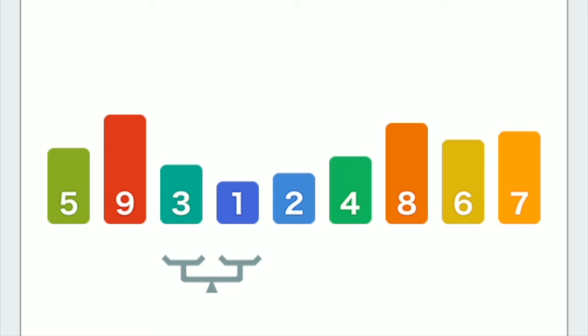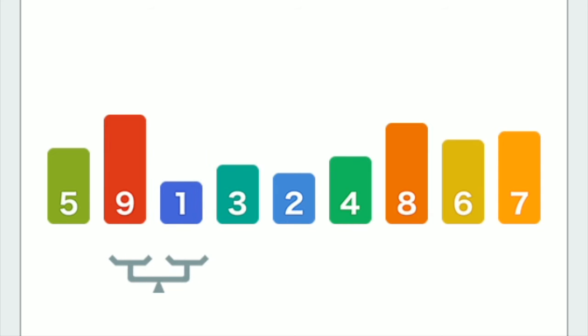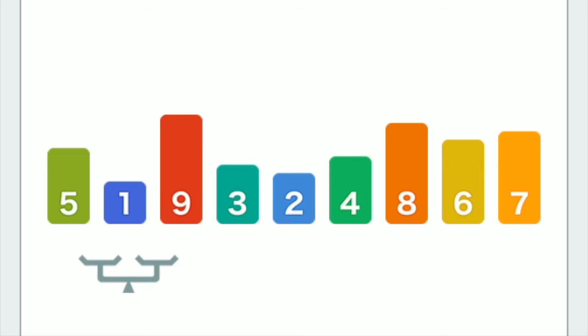Since 3 is larger than 1 and they are not in the right position, they will be swapped. Now 1 and 9 will be compared. Since 9 is bigger than 1 and 9 should be after 1, they will be swapped. 1 and 5 will be compared. Since 5 is greater than 1, it is not in the right position, so they will be swapped.